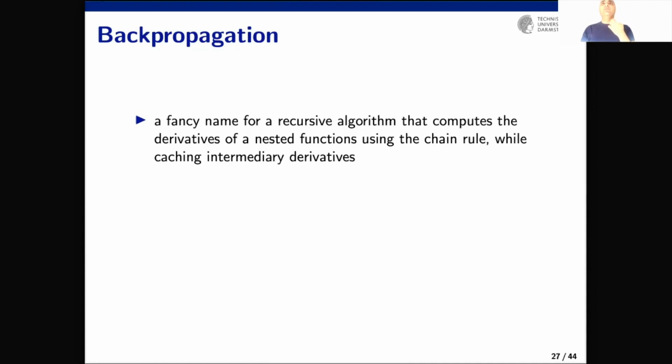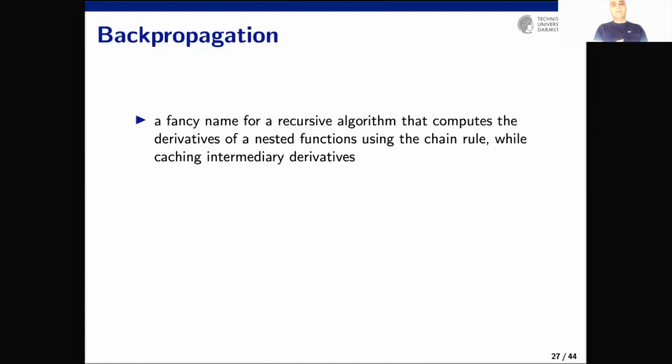The output of the first layer is the input to the second layer, and the output of the second layer is the input to the third layer. So there is a nested structure over layers in a deep learning model. So here we want to discuss how we can calculate the gradient of a complex function like a neural model.